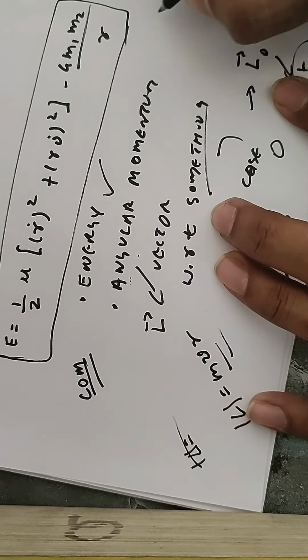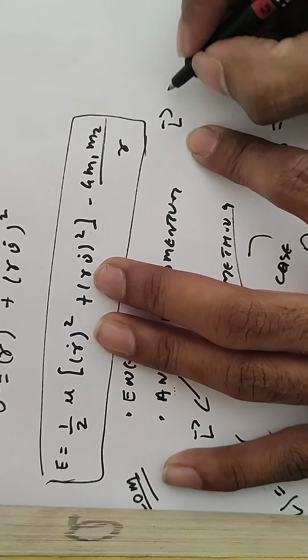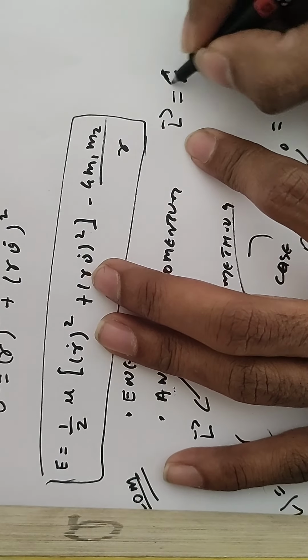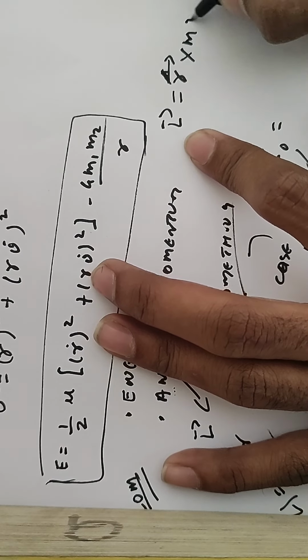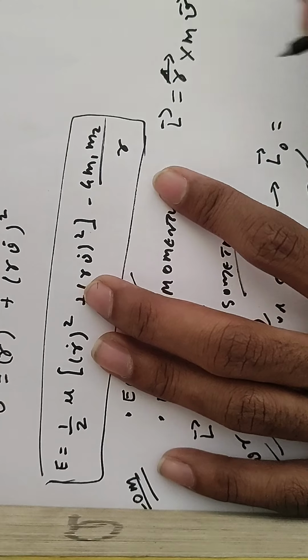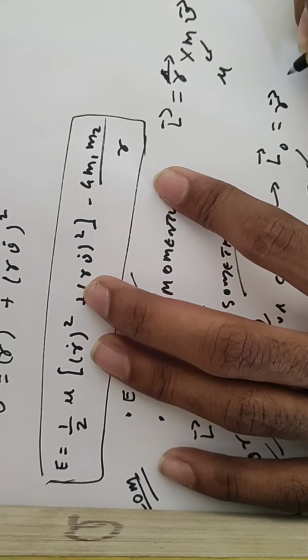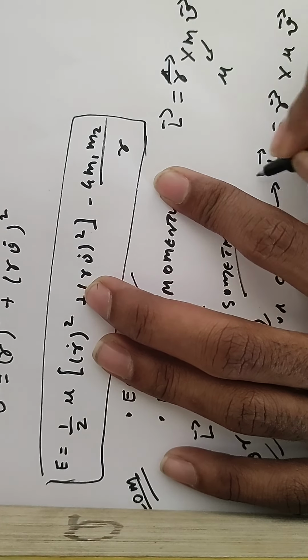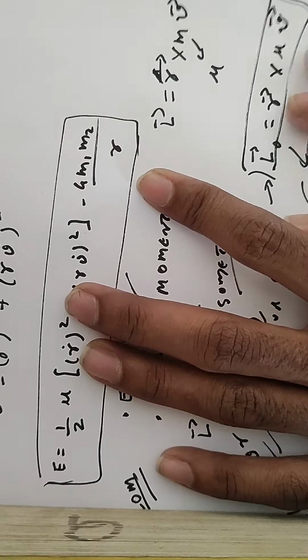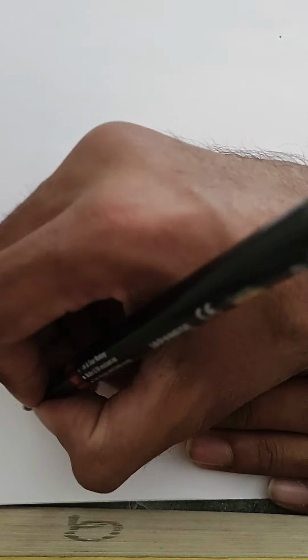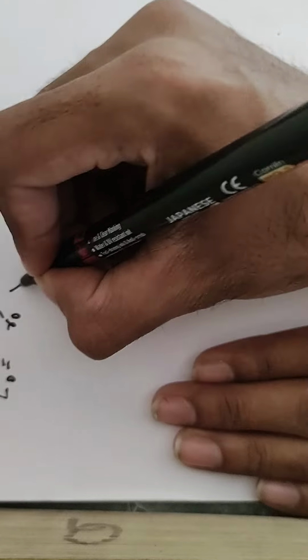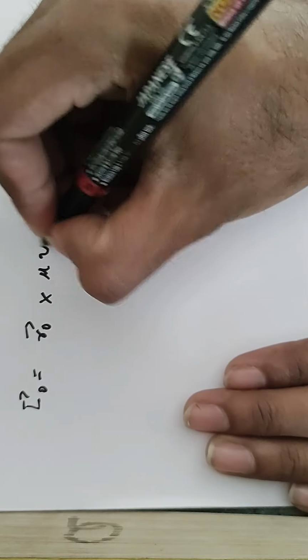So in vector form it is defined as r vector cross mv vector. For our case, we don't have m, we have mu as our mass. So r vector cross mu v vector. Let's expand this. Writing the same equation, r vector into v vector.